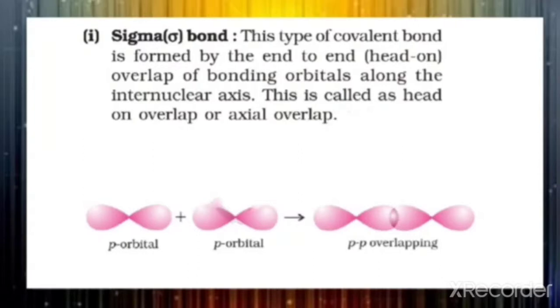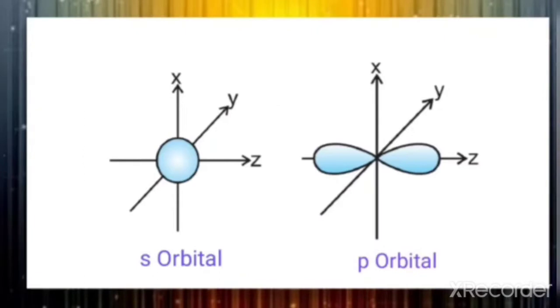So how can we define the sigma bond? It is a type of covalent bond which is formed by the head-to-head overlapping of orbitals along the internuclear axis. As we have discussed for the p orbital, when the lobe is on the z axis, it is called pz.